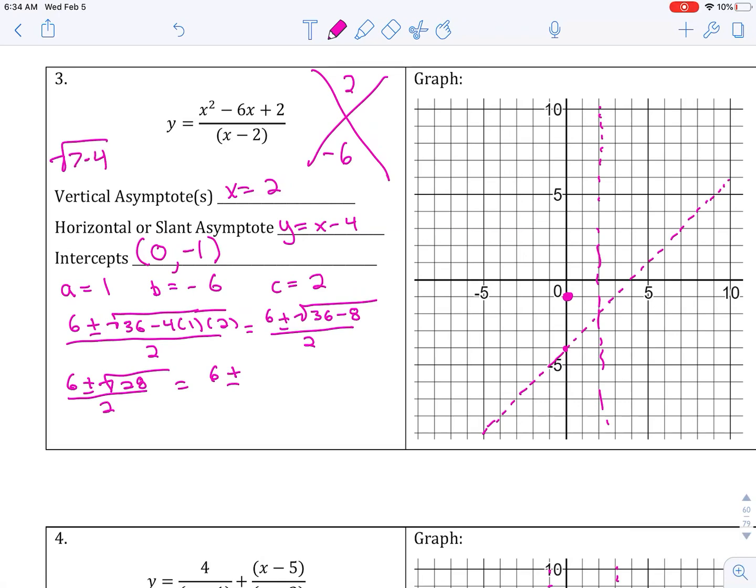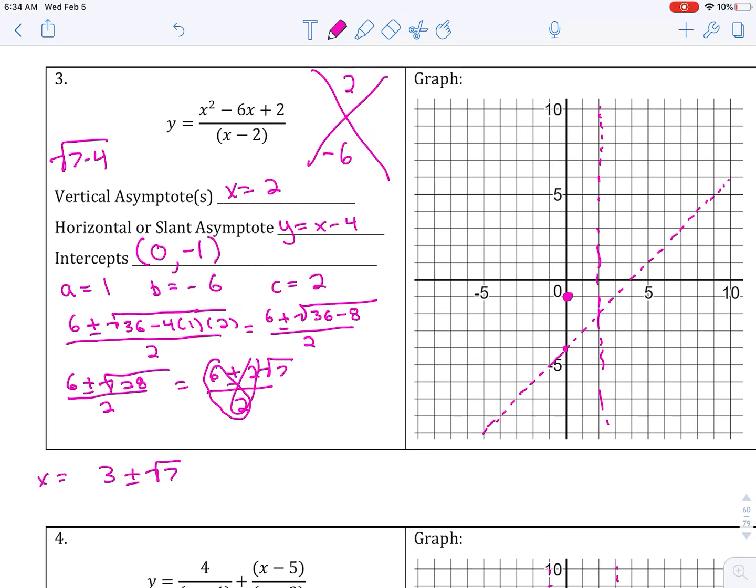The square root of 4 is 2, so 2 times the square root of 7 over 2. And then 6 divided by 2 is 3, plus or minus the square root of 7, because 2 divided by 2 is 1.